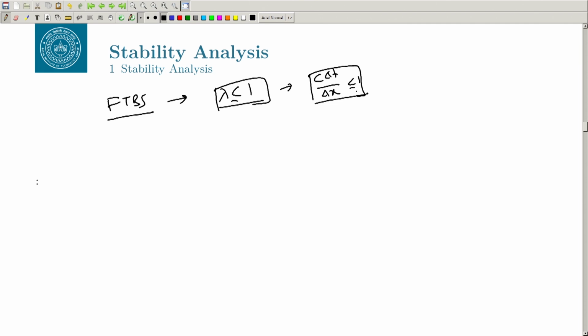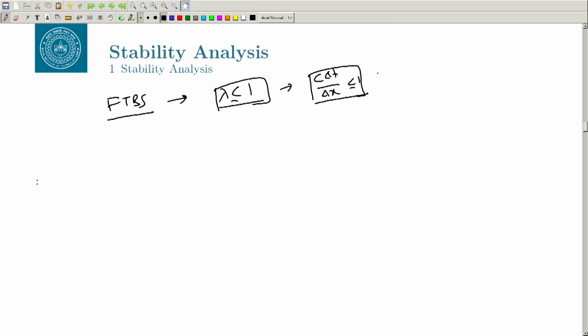We saw this through practical experience when we tried solving the convection problem. Also, we saw it from the modified PDE, which consists of a diffusion term, and that becomes positive only when C delta x is less than or equal to 1, and that is why we are able to solve it.